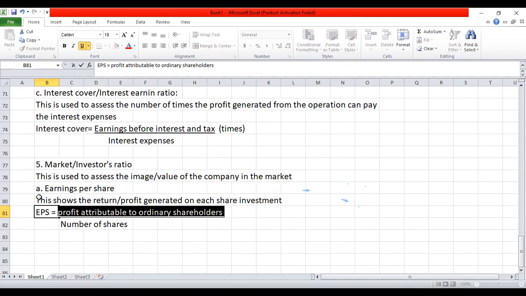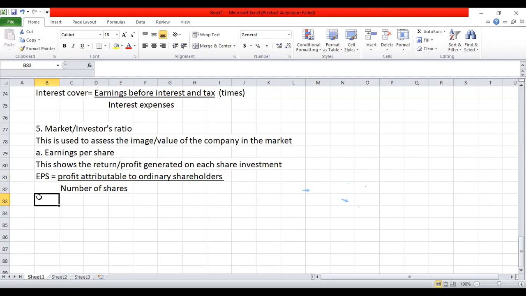Another one which we have already also looked at is the price earnings ratio.